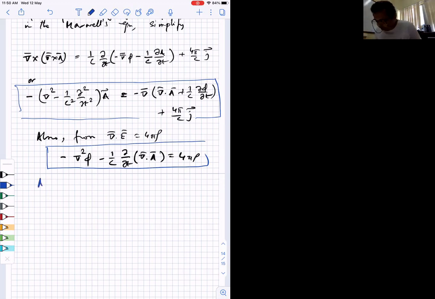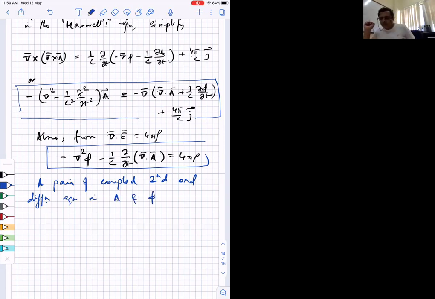So to solve for the fields, we need to solve this coupled pair of differential equations, because you need to find A and phi, and once you know A and phi, we can find our E and B.